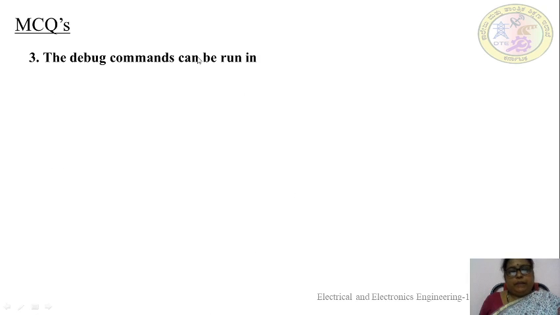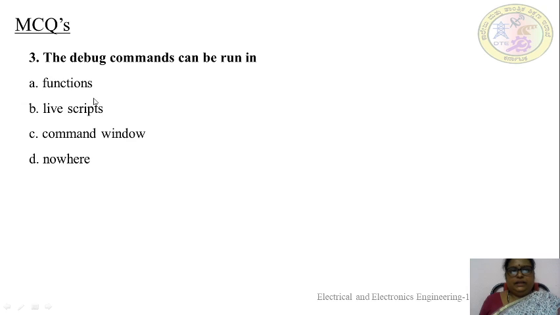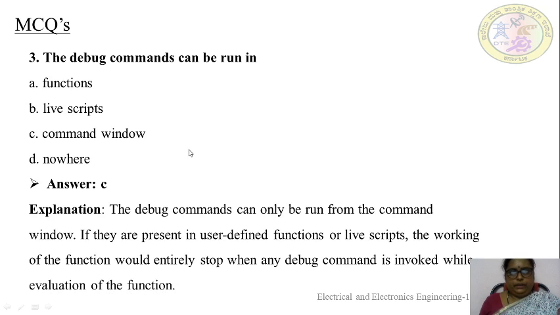The debug commands can be run in functions, live scripts, command window, nowhere. It is C. You can run the debug commands in the command window only. The debug commands can only be run from the command window.